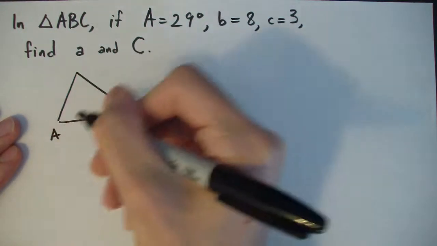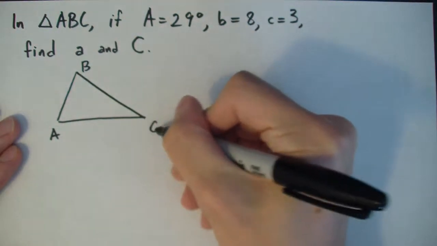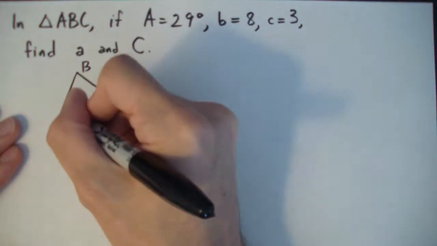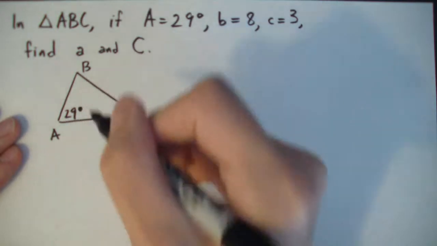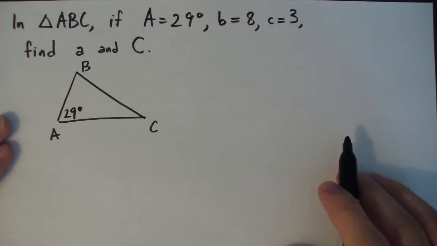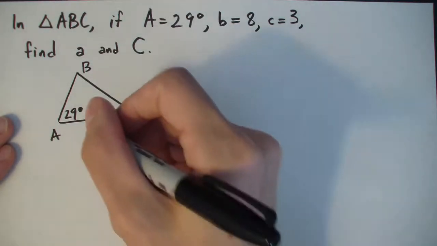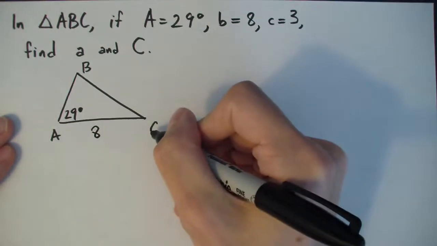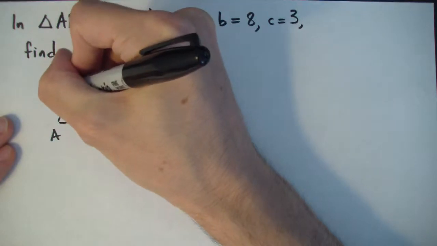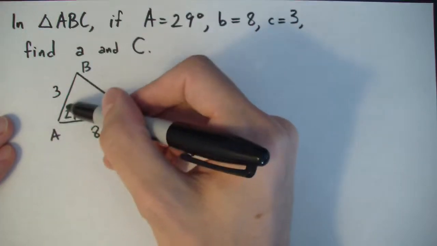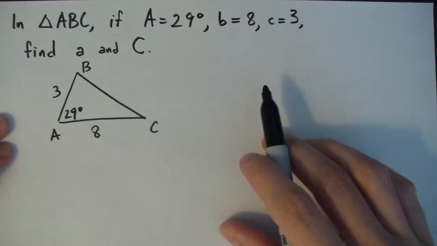So we have A, B, C, and we're told that angle A is 29 degrees. This is obviously not to scale. We have that side B is 8, and side C is 3. So again, this is side, angle, side.